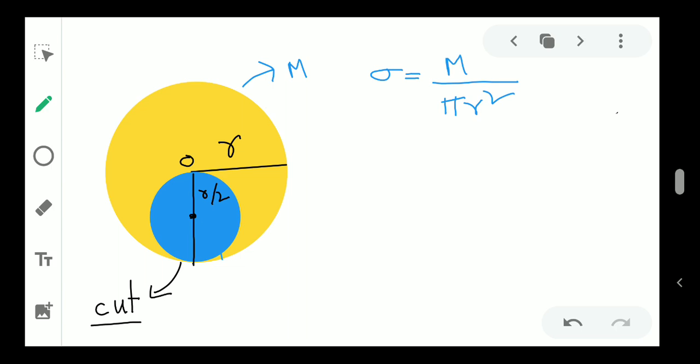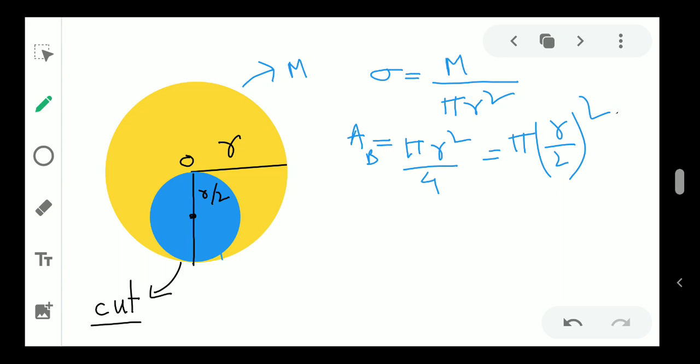So let me find out the area of the blue one. The area for the blue one is pi r squared by 4, because it is (r by 2) whole squared, so that is pi r squared by 4. Now this is the area. So what will be the mass of the blue one?